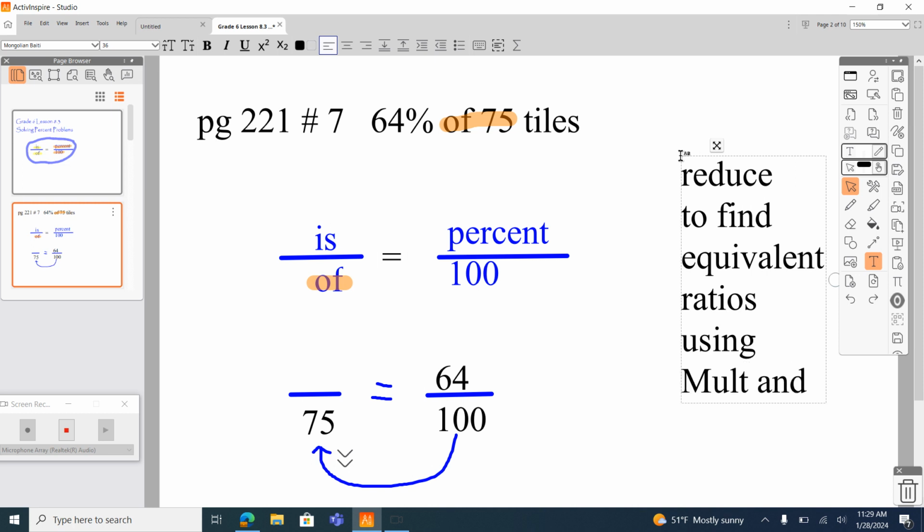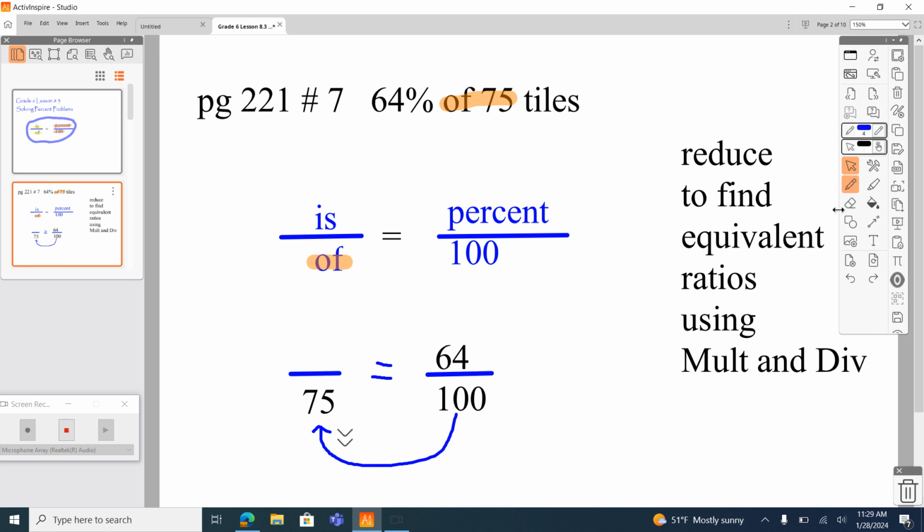So if you're not sure how to simplify, I always say if they're both even, try dividing by 2. And you can do 64 divided by 2. If you need to do the long division on the side, you can, but 6 divided by 2 is 3. 4 divided by 2 is 2. And 100 divided by 2 is 50.